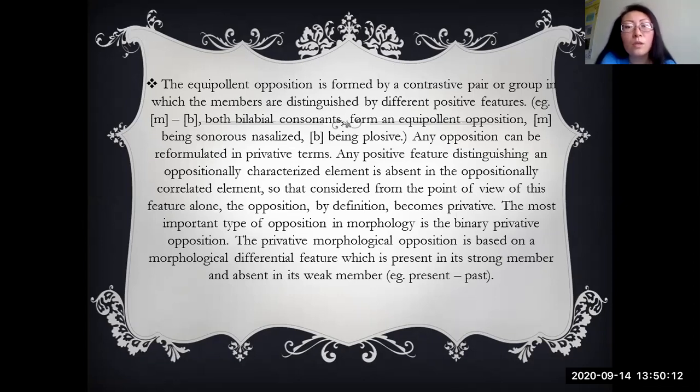The most important type of opposition in morphology is the binary privative opposition. The privative morphological opposition is based on a morphological differential feature which is present in its strong member and absent in its weak member, for example, present and past.